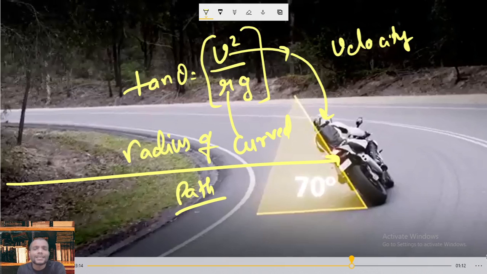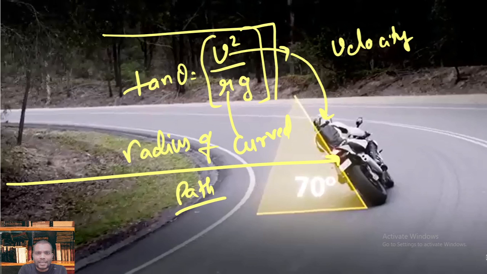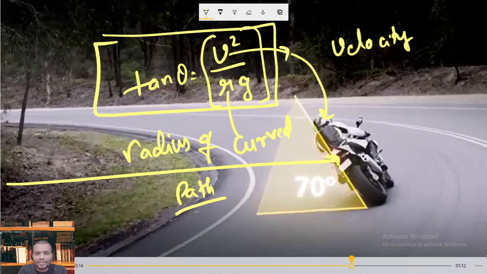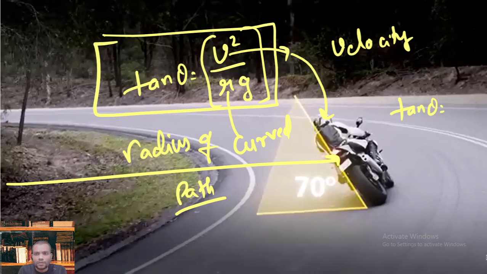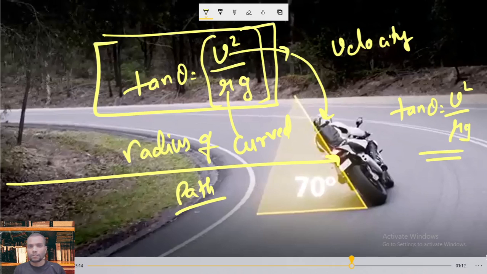That angle purely depends upon the velocity of the moving object along with the radius of the circular track. So this angle is the necessary angle, tan theta equals v square upon rg. So this is all about the bending of a cyclist.